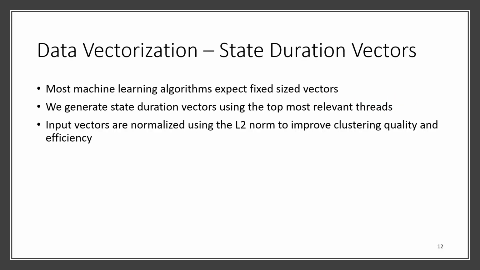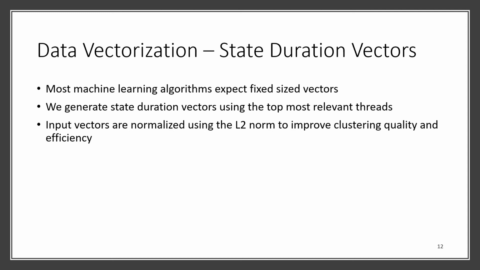After determining the relevancy of each thread, we take the most relevant threads from each container and use them to create fixed size vectors. This is because most machine learning algorithms, including the clustering algorithm that we use in our container workload characterization, expect fixed size vectors. So we generate state duration vectors. These vectors have an entry for each of the possible execution states.